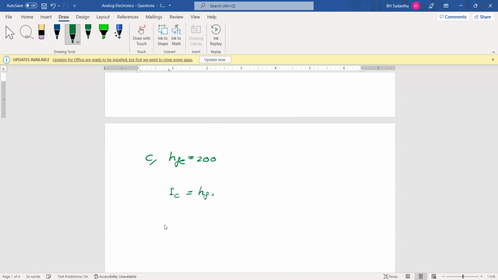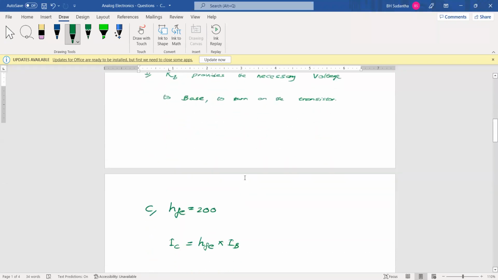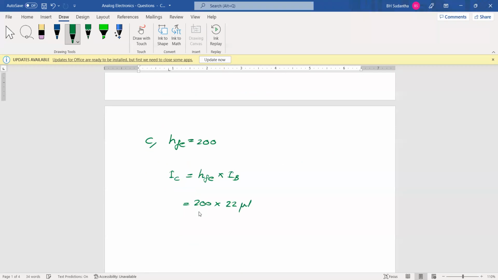IC is HFE times IB, HFE is 200, IB is 22 microampere. Then it's 4.4 milliamp.